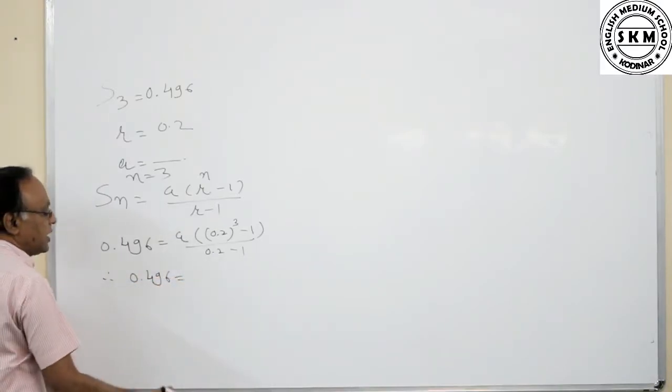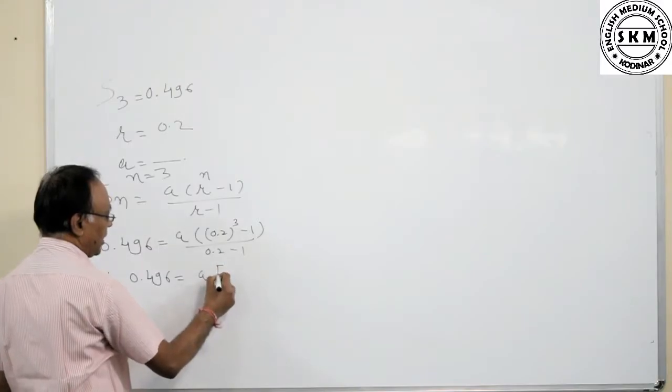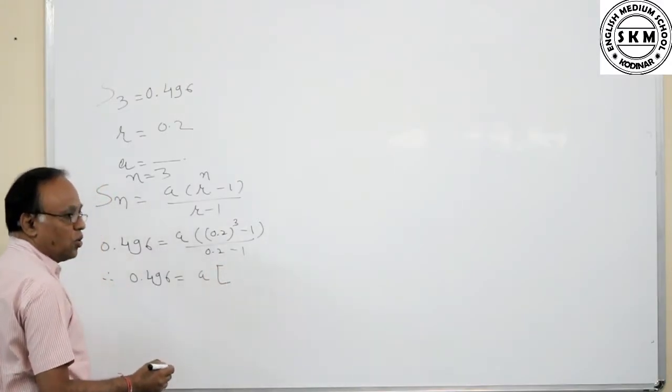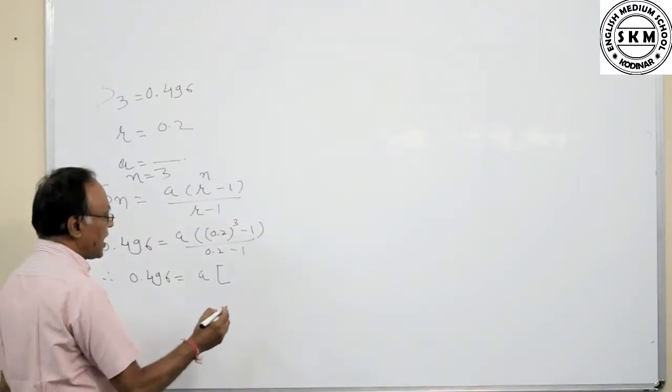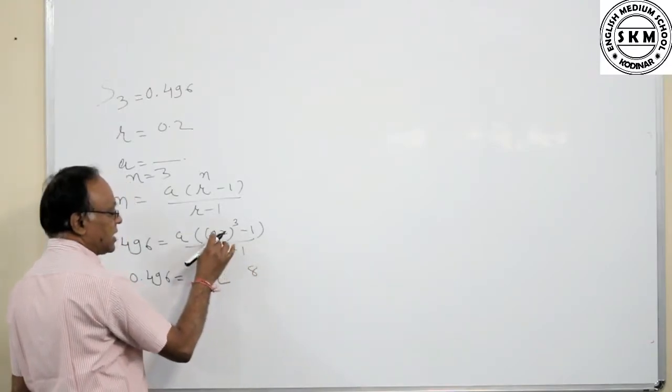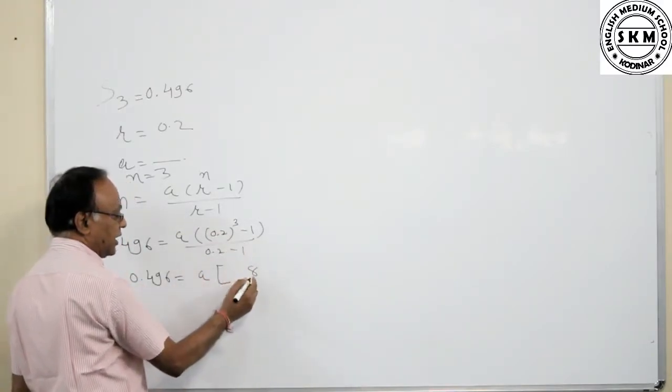Now, therefore, 0.496 is equal to A into 0.2 cubed: 2 twos are 4, 2 fours are 8, and there is 1 decimal point, so 1 into 3 gives 3 decimal places, so 0.008.